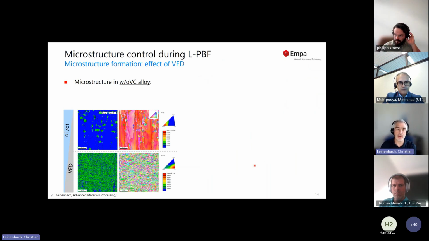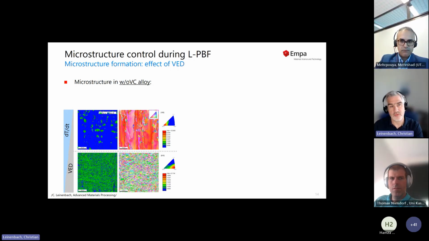However, looking a bit more into the processing and the influence of several processing parameters, we made some interesting observations for the two different alloys. This shows the alloy without vanadium carbide.